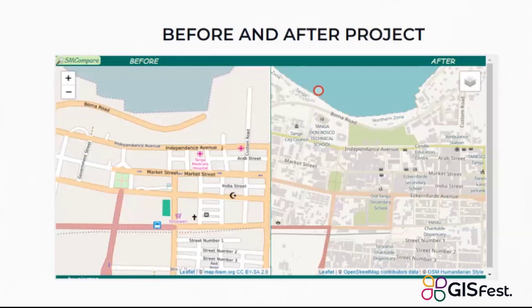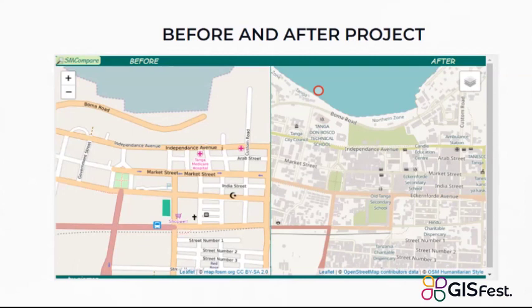As you can see, this is the before and after of the project, and this is the OpenStreetMap. Using local knowledge, the local people were the ones digitizing in collaboration with university students. They were equipped with open source tools like QGIS, ODK, Mapillary, and how to use the iD editor and JOSM towards digitizing the buildings.